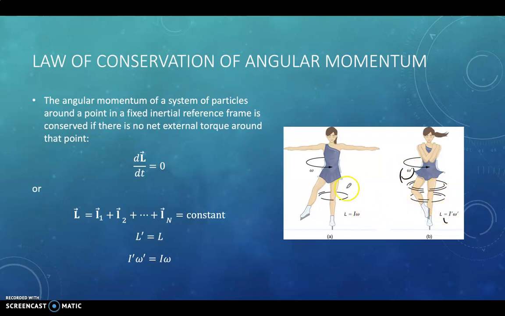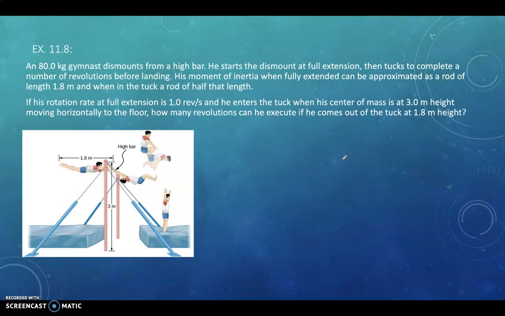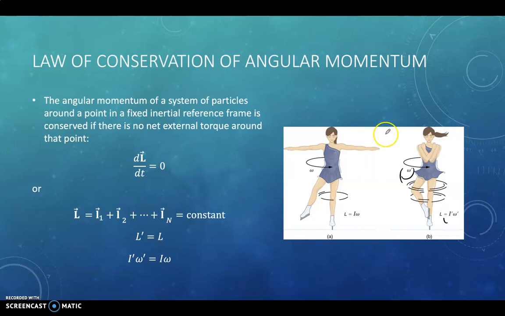But the total angular momentum is constant. So if you've ever watched figure skating, it seems like she's going faster, and that is because she has a larger angular velocity.